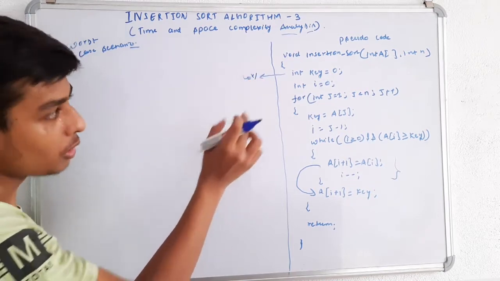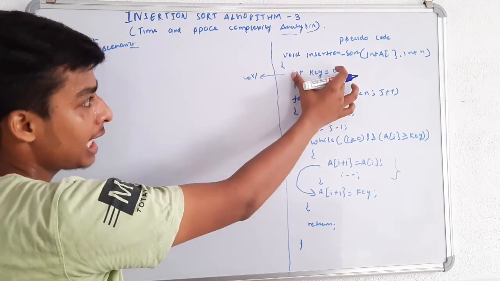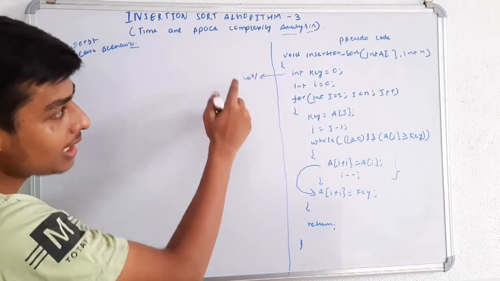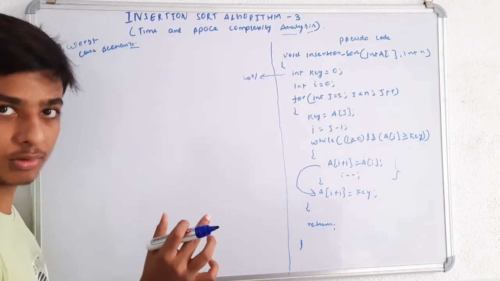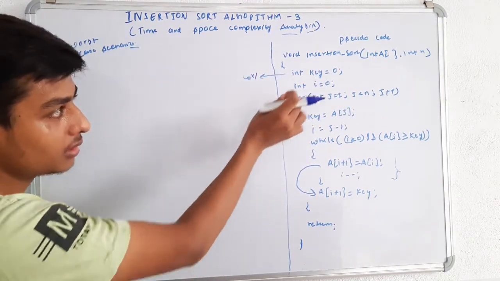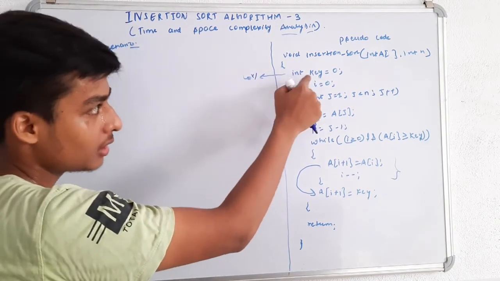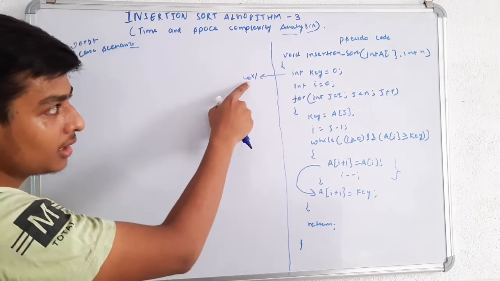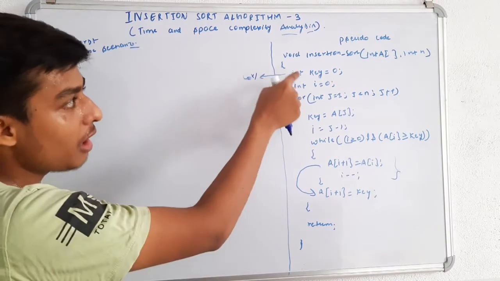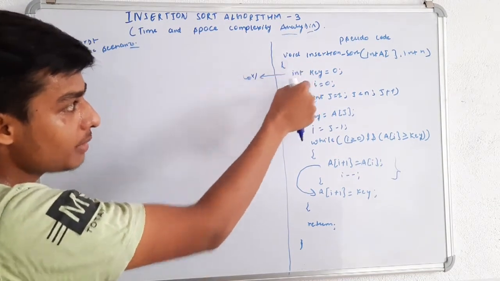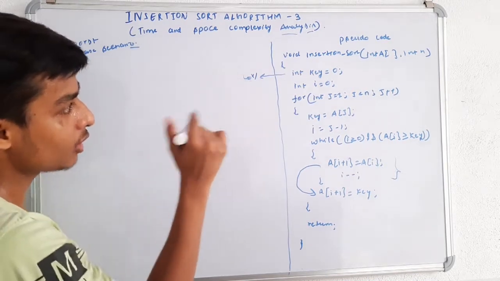The 1 is the number of times it is run, and C0 is the running time of that statement. That means to run this statement it will take C0 time, and since we are running this statement only one time, that's why it is C0 into 1.